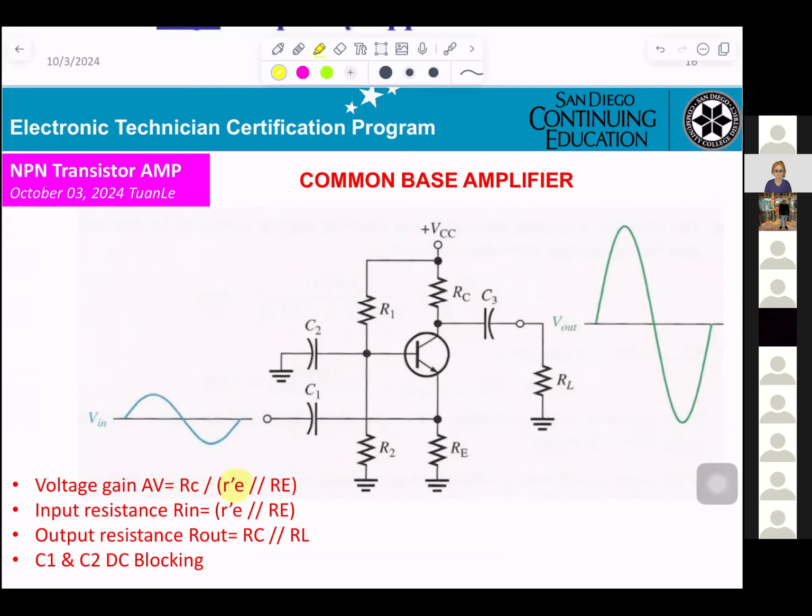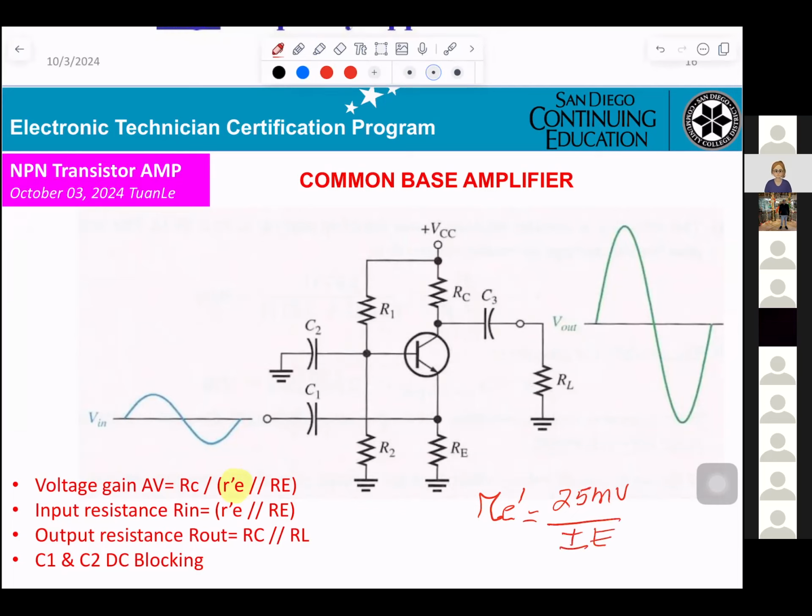R prime E equals 25 millivolt divided by IE.